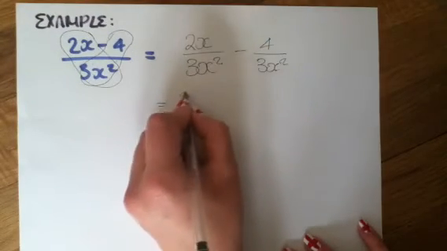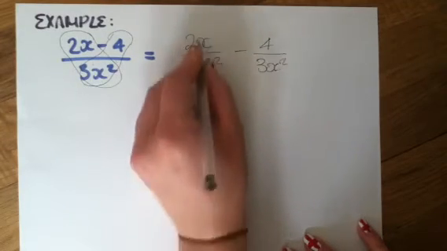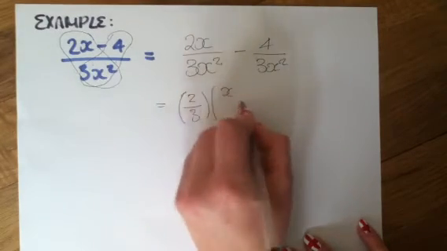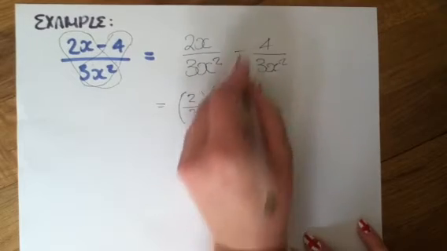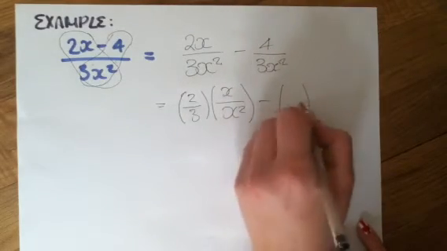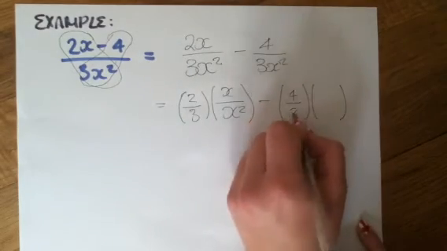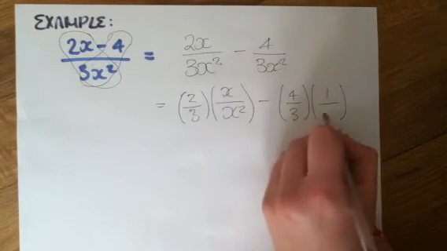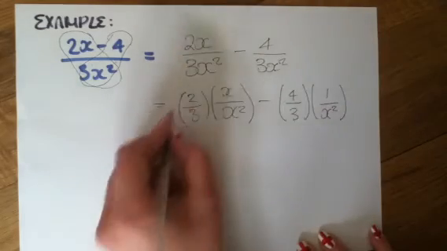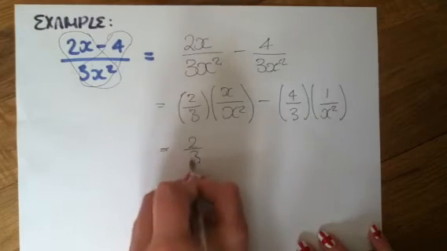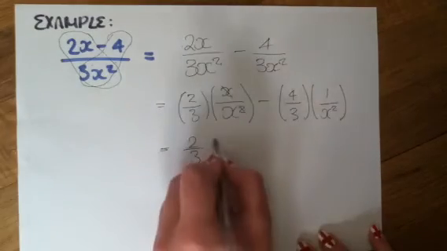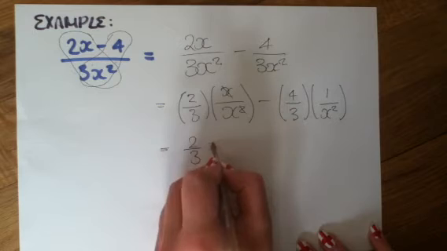So in this situation, we can use the sliding method. 2 on the top, 3 on the bottom, x and x squared. And here, again, the sliding method. 4, 3, there's a 1 there because there's no x, and x squared. Here, an x and x squared cancel, so we get 1 over x.